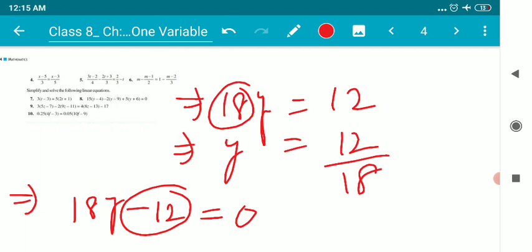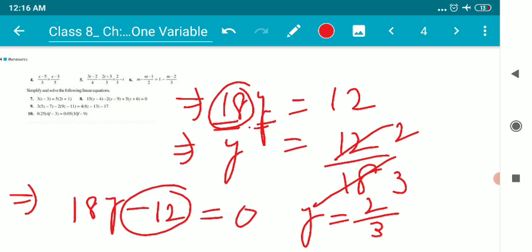See children here, the relation between 18 and y is into. Nothing between them means into. If there is no sign between a number and a variable, it means into. If there is no sign in front of a number, it means plus. So 12 and 18 will be cancelled. 6 twos are 12, 6 threes are 18. The value of y is 2 by 3.